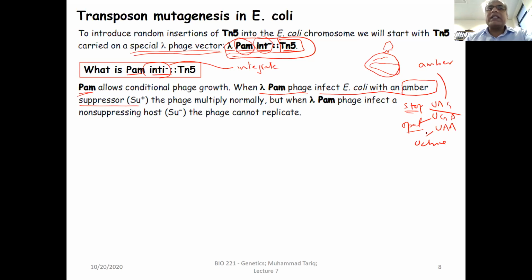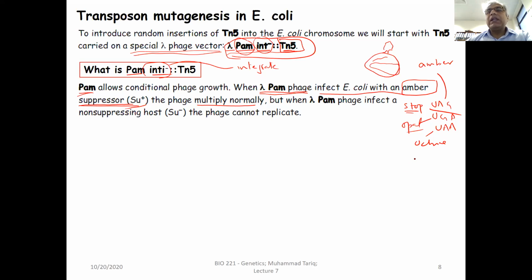Now these phages were discovered to be infecting only certain strains of bacteria, because a phage with this Pam mutation can only infect and multiply when bacteria contain an amber suppressor mutation.